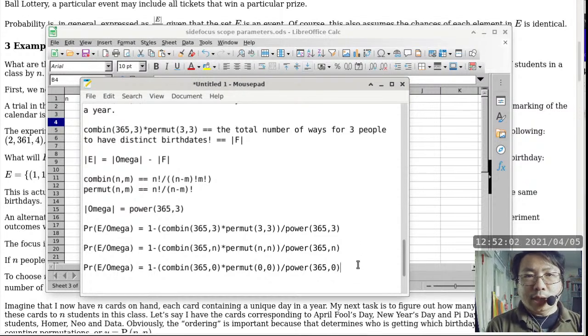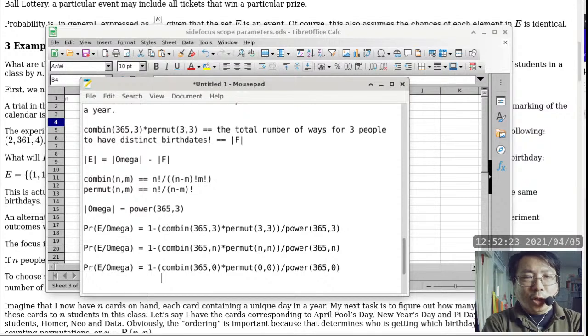Okay, so now we want to figure out the values. What is the number of ways of choosing 0 distinct elements out of 365 cases where ordering is not important? In other words, what is combin 365 0? And I don't want to use a spreadsheet, right?